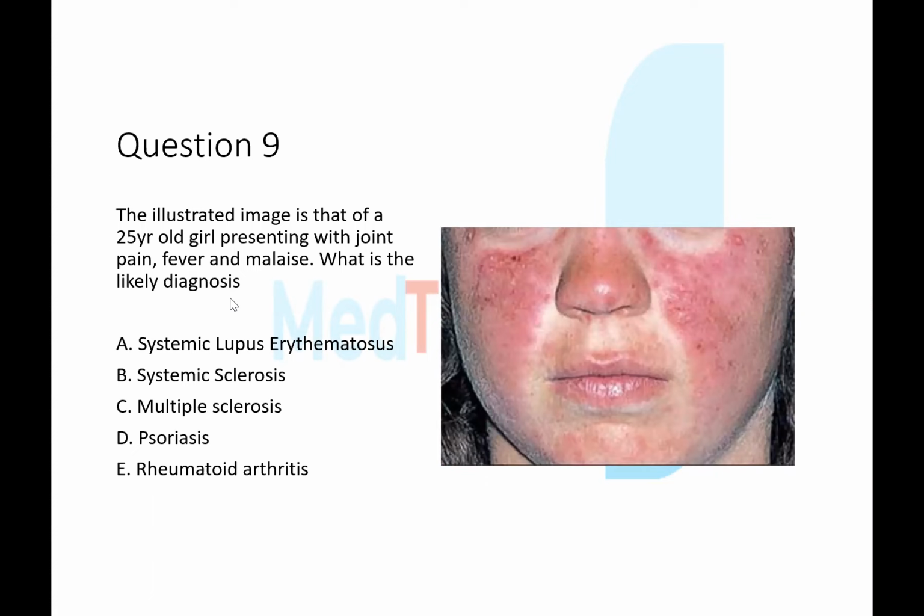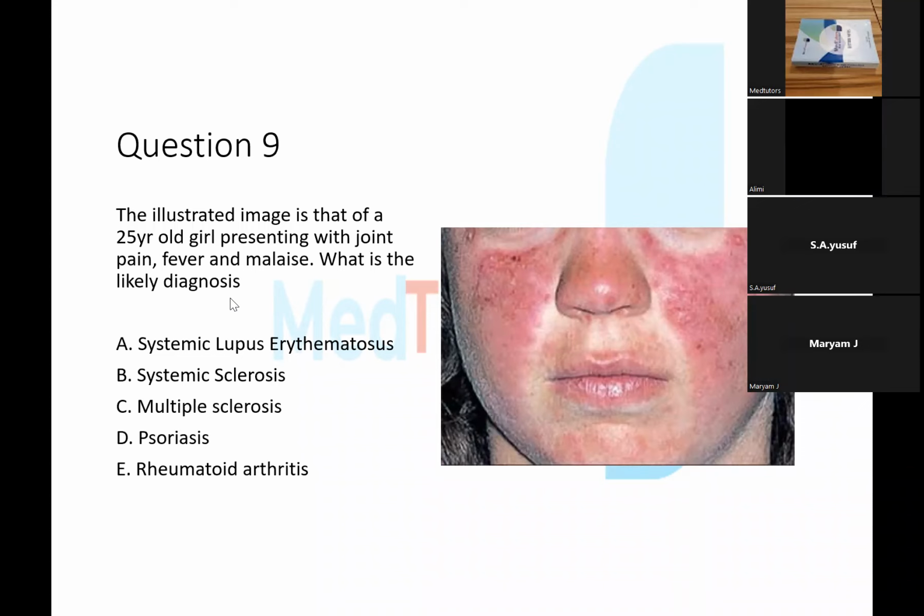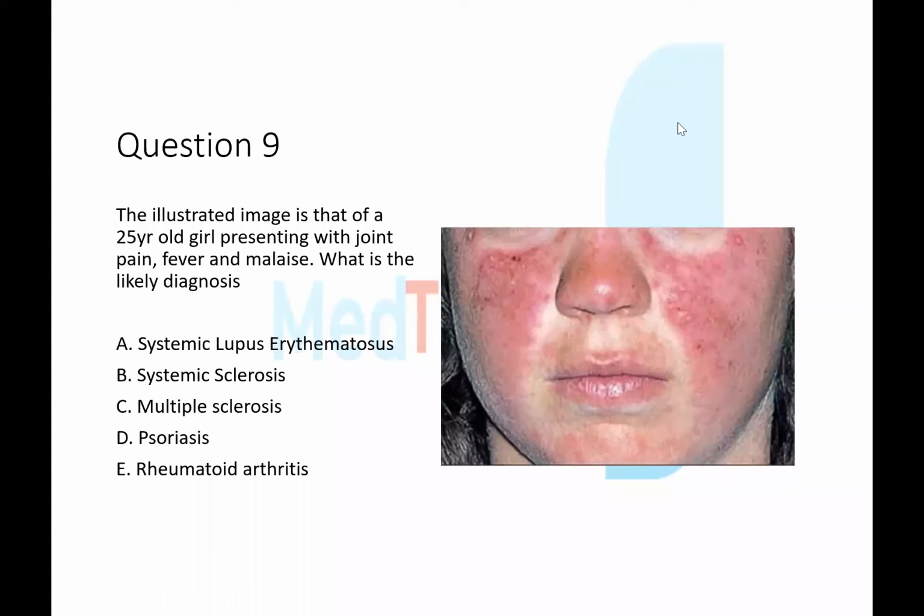All right, so this is simple and straightforward. What is the diagnosis here? Systemic lupus erythematosus. Exactly. Once you see malar rash, at least for the purpose of this exam, the answer is SLE, an autoimmune disease that typically affects females in a ratio of 9:1.